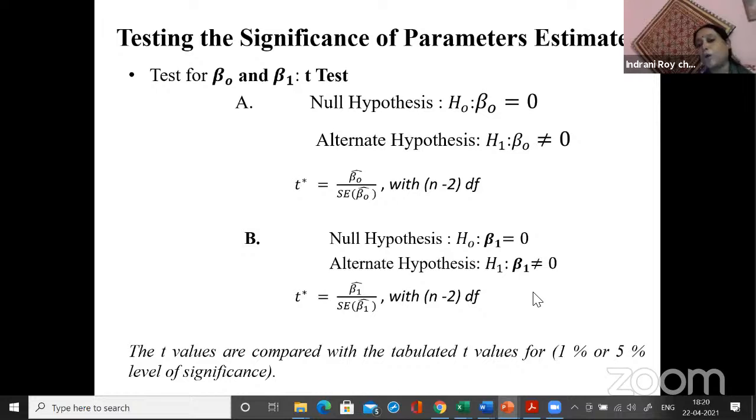As a researcher, you need to reject the null hypothesis. That means whatever you calculate through your T statistic has to be statistically significant, so that you reject your null hypothesis. Once you reject the null, your alternative holds true. It means beta 1 hat is not equal to 0, and whatever you have estimated is statistically validated.